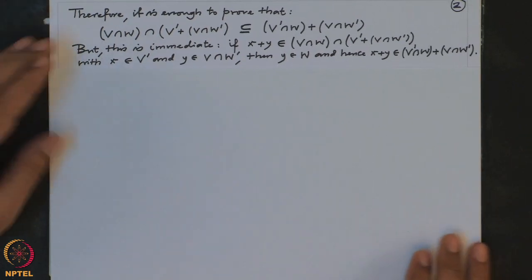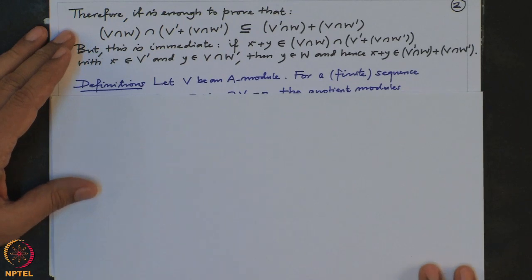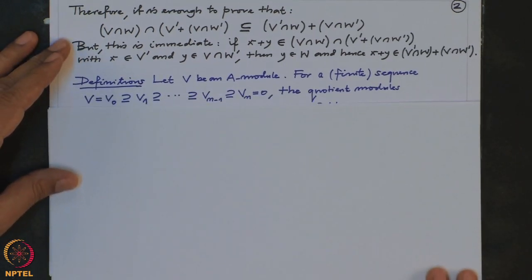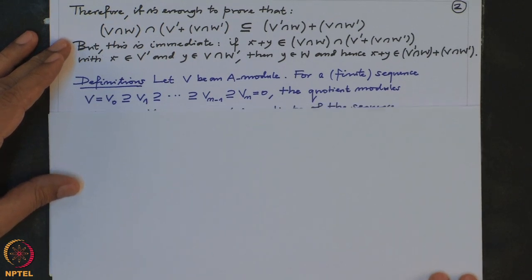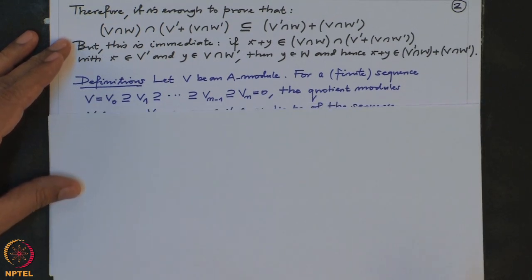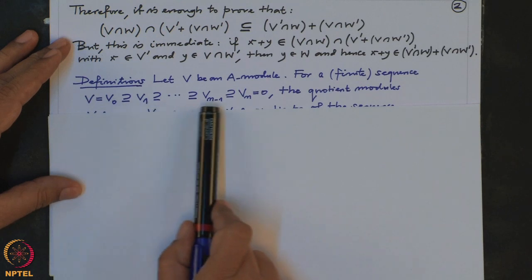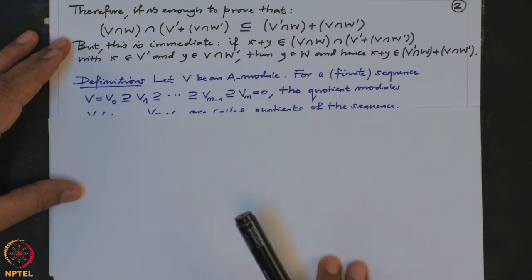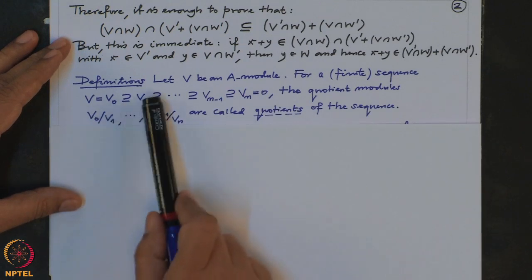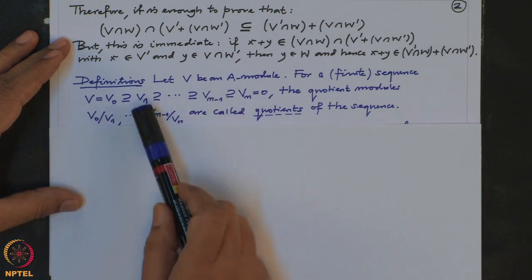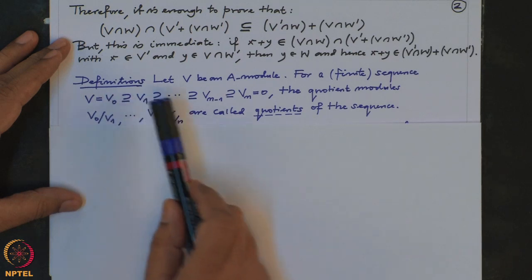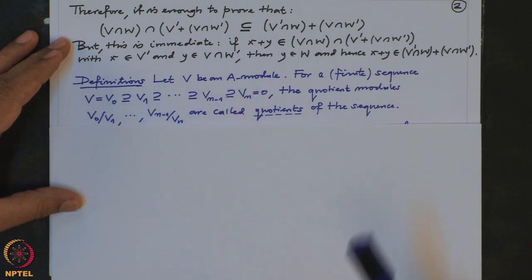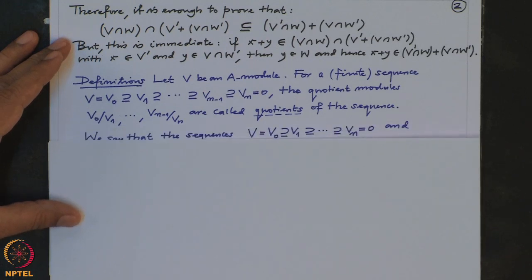Now how am I going to use it? So first let us make a definition. Given a module V, suppose I have a finite decreasing sequence of submodules, where it starts with V and ends with 0, then the successive quotient modules, V0 by V1, and so on, V_{n-1} by V_n, are called the quotients of this sequence.